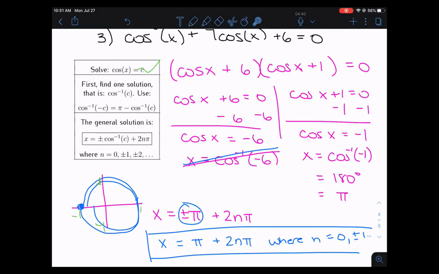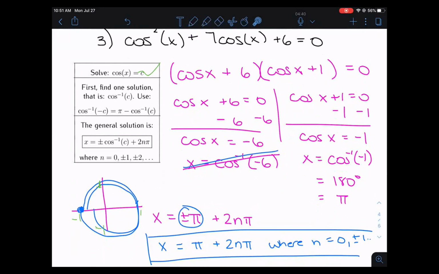But remember that here, we only use this plus or minus sign because it can possibly end up in the same place. Let's go around the circle 360 degrees. If we go around the circle 360 degrees, we end up in the same place. Because we end up in the same place no matter where we go, this is still just considered pi. So we don't even have to worry about this plus or minus sign.